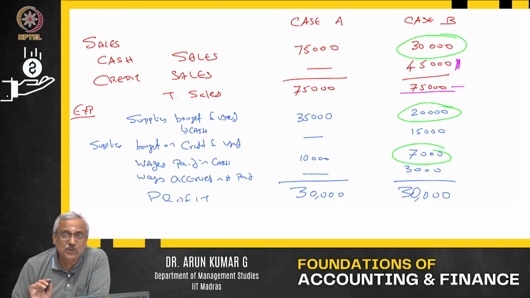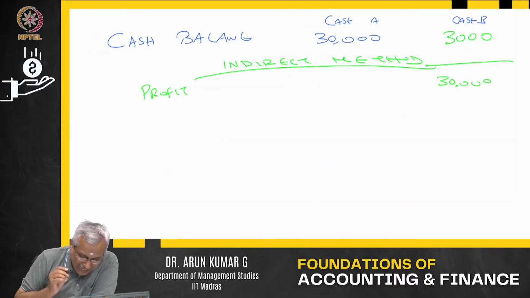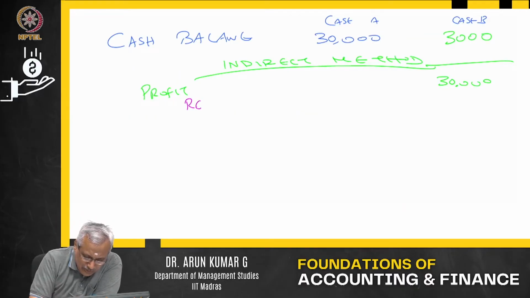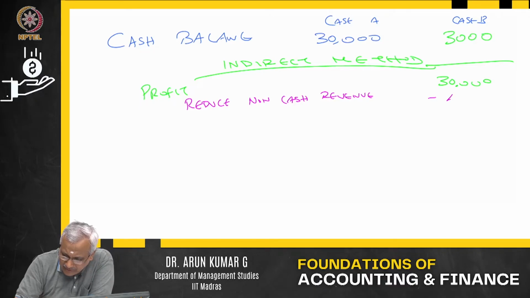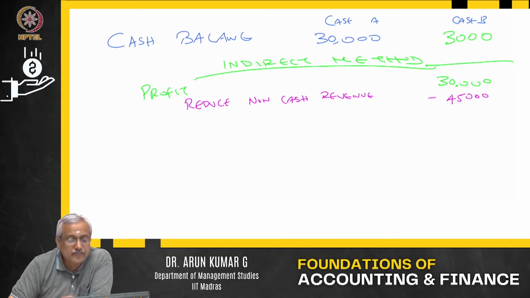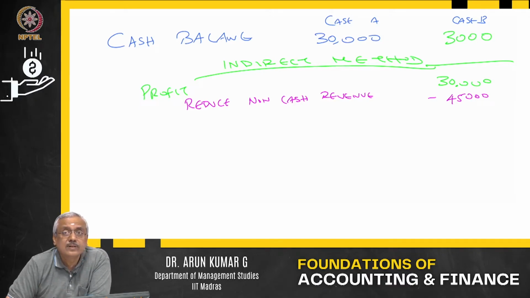So what should I do to know what is the cash balance? I should exclude it. So I reduce non-cash revenue, that is what is called 45,000.